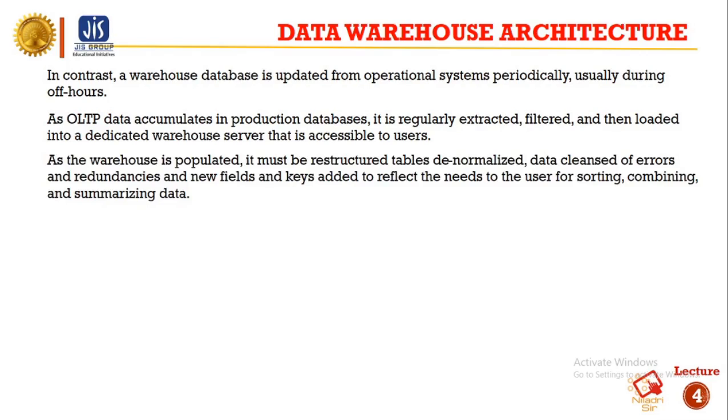As the warehouse is populated, tables must be restructured, denormalized, and data cleansed of errors and redundancies, and new fields and keys added to reflect the needs of the user for sorting, combining, and summarizing data.